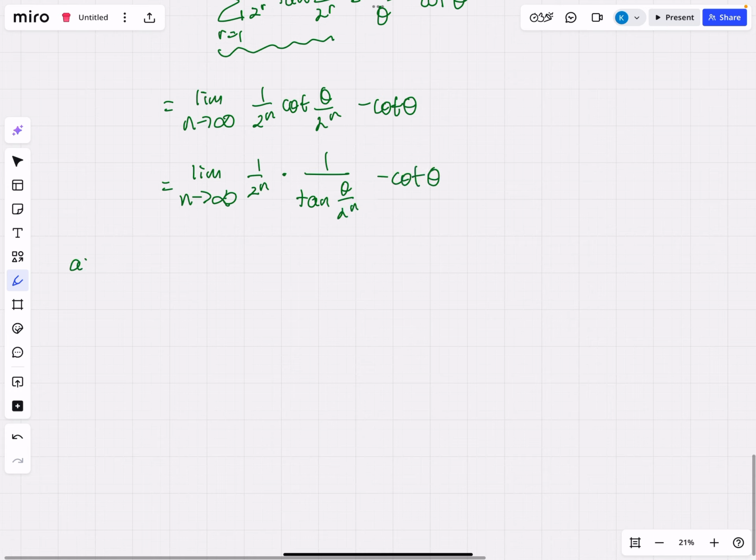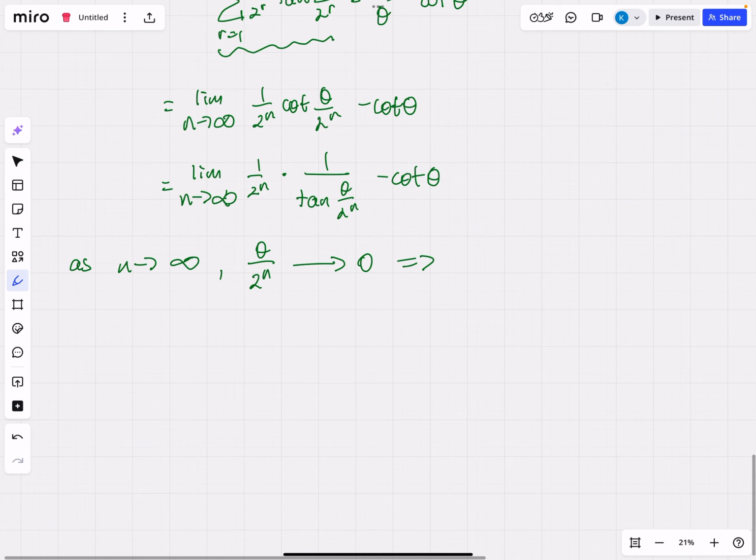Now, as n tends to infinity, let's think about what happens. What happens to theta over 2 to the n as n tends to infinity? Well, n will grow very large, and the denominator will become very, very large, which means the overall fraction becomes very, very small. So it's going to tend to 0.